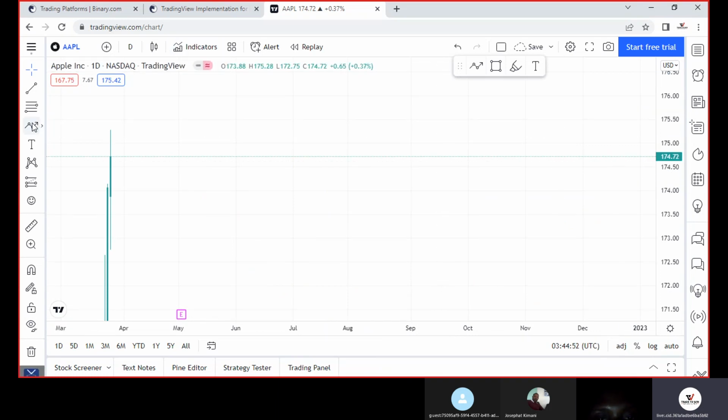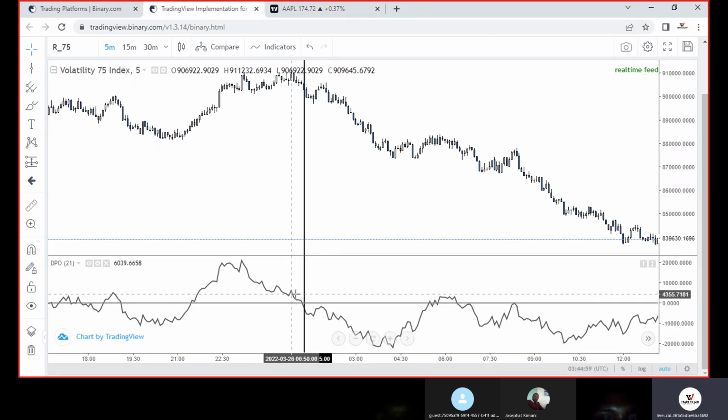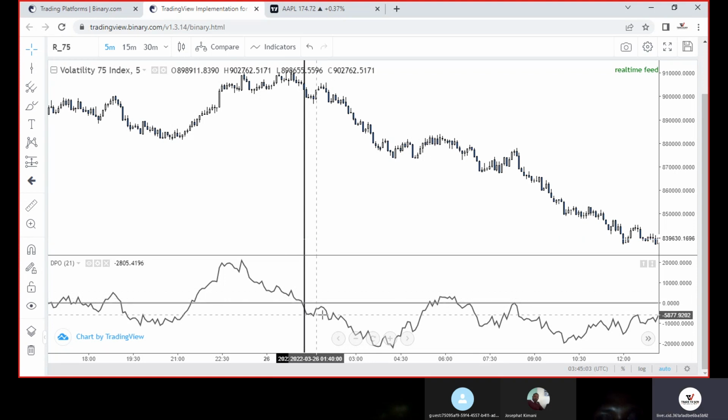Whenever DPO is in a downtrend, that is whenever price is below the zero line, all we have to look out for is sell opportunities.